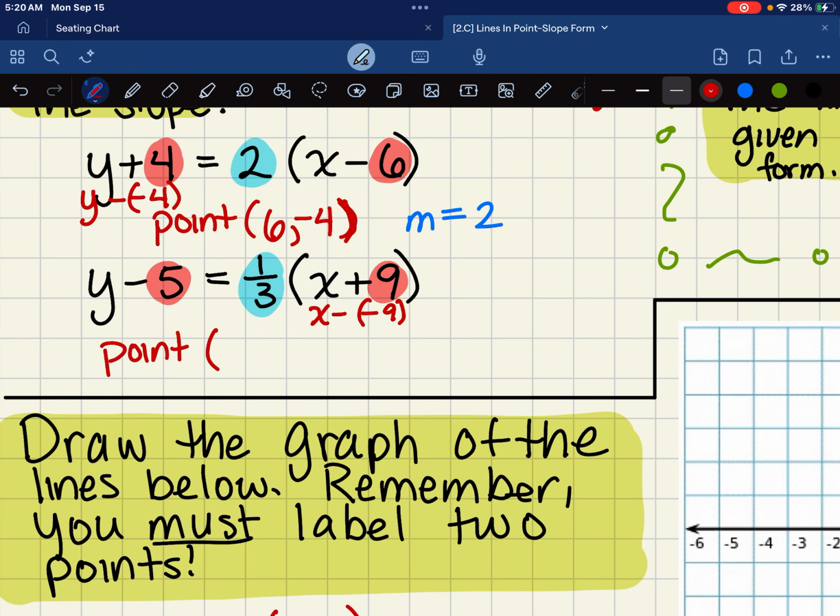So when I write the ordered pair, there's a -9 in the x position. Now the y is already having something subtracted, so in this case, it's just a 5. And then our slope is just the thing in front of the parentheses, so here it's 1/3.